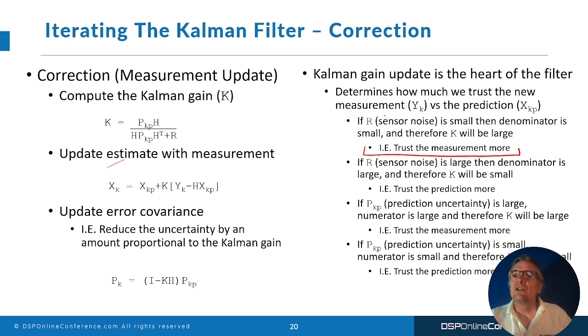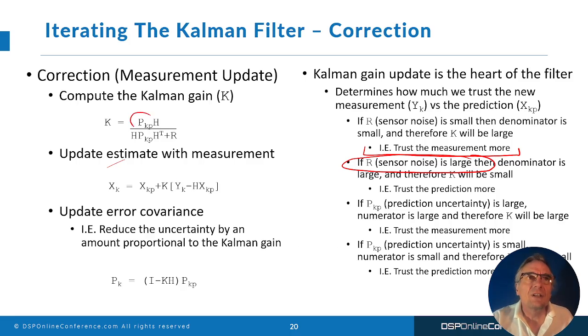So if the noise of the sensor is small, then we trust the measurement from the sensor. On the flip side, if the sensor noise is large, then we would trust the prediction more than the measurement. And of course the vice versa is also true.